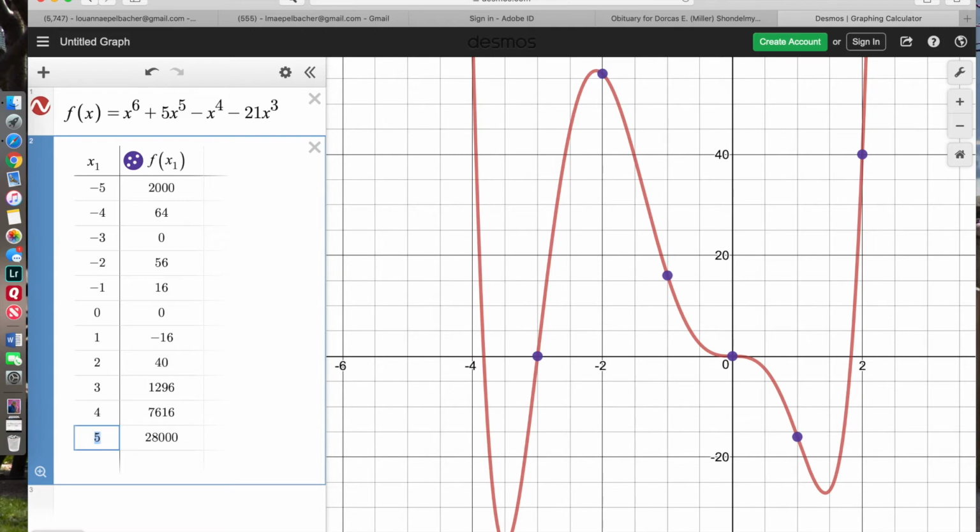So now I have all my points from x is -5 to x is +5, and I see that I can graph from x is -4 all the way to x is +2. But the second we get beyond -4 to +2, our numbers are outrageously bigger. So it gets really big really fast.